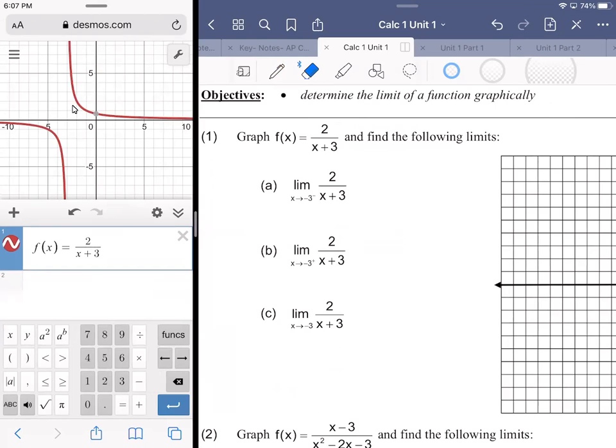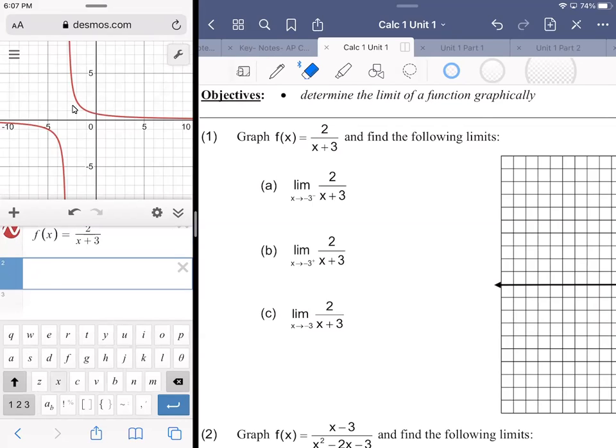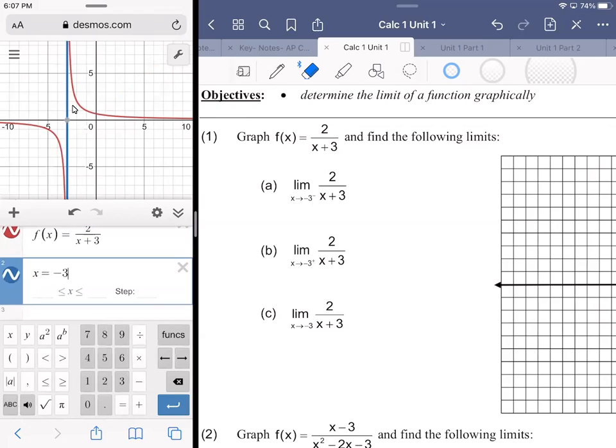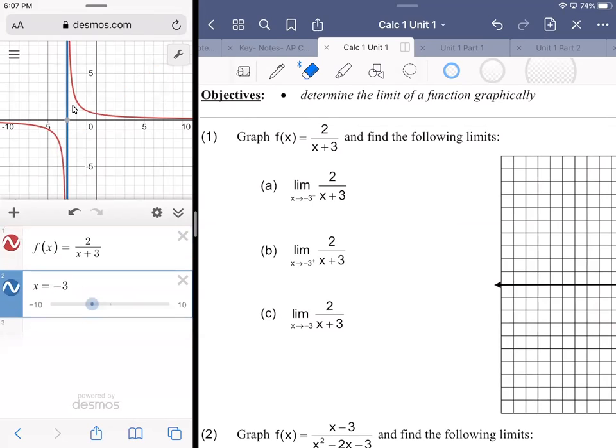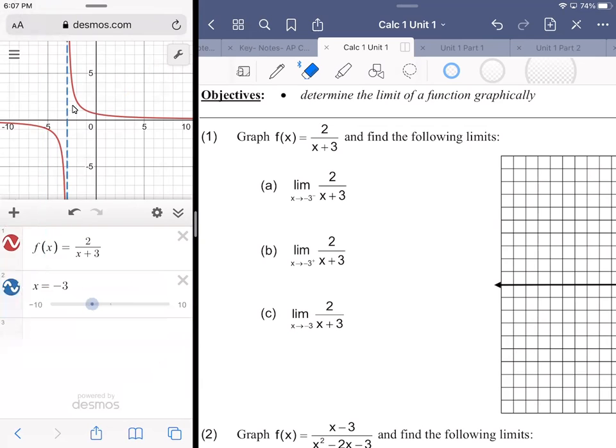It just has to give you a sense of what's happening around the limiting constant, which in this case is x equals -3. All right, so that's my limiting constant. I'm going to make it dashed, so it pops off the page a little bit.